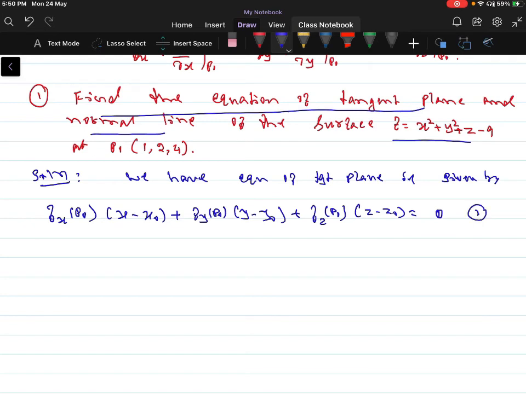That is equation 1. So this is the equation of tangent plane at the point p naught.